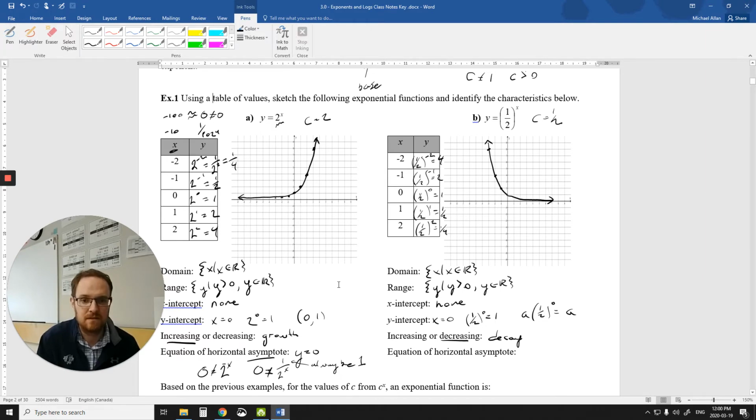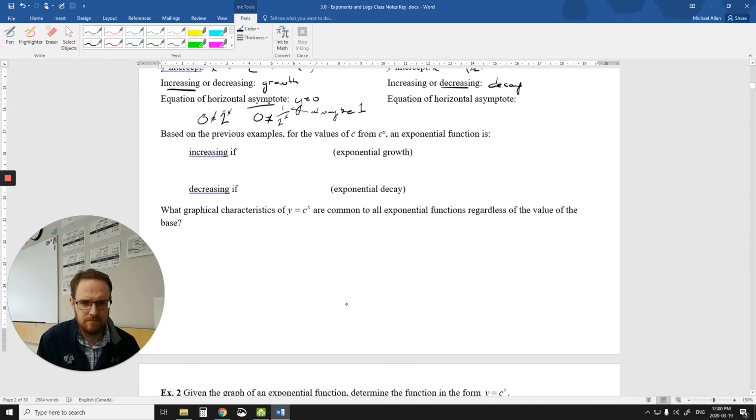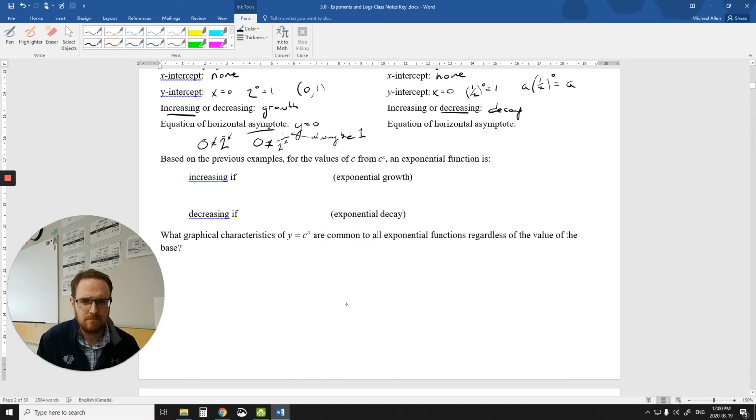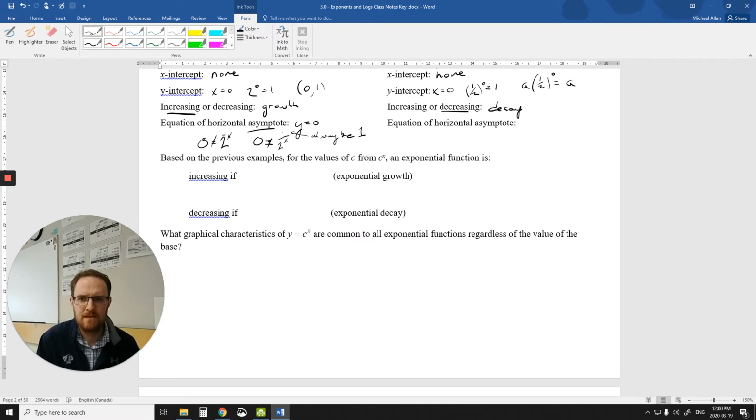Let's quickly do this. Okay, so just a quick little shortcut if you ever look at the base value. You notice our C value, we're going to look at the C value. We consider it an exponential growth function if our C value is greater than 1. So we get this graph that will be going upwards from left to right as we increase the x values.